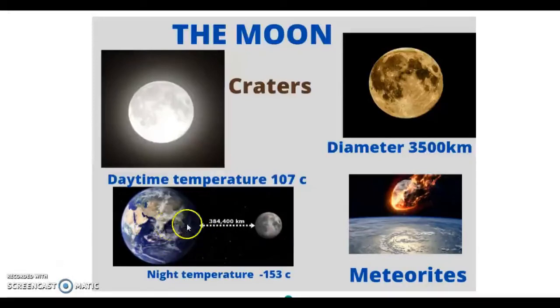Also there is an attraction force acting between the earth and the moon. What do you call that attraction force? This is called gravity. So earth and moon have gravitational force between them.